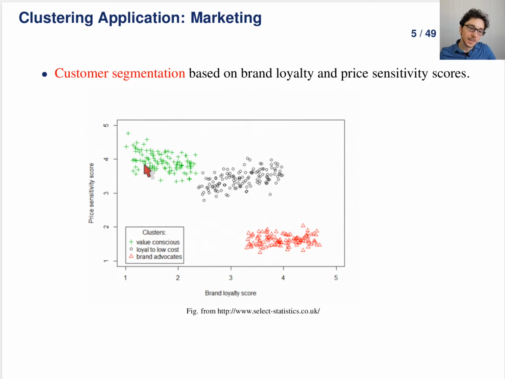And we can see that all these users are similar, this green, all the black ones as well, etc. So we can just craft one advertisement campaign for the green users, one for those that are not loyal but they are sensitive to prices, so we can just propose cheap articles, etc. So you see, we don't have any label for the users, but we can still take some informed action based on just the observation of features.